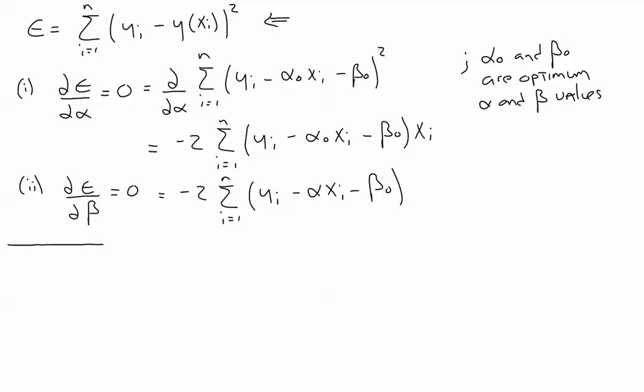Equation 1 becomes alpha naught times the summation over i of x sub i squared plus beta naught times the summation over i of x sub i, and that will equal the summation over i of x_i y_i.